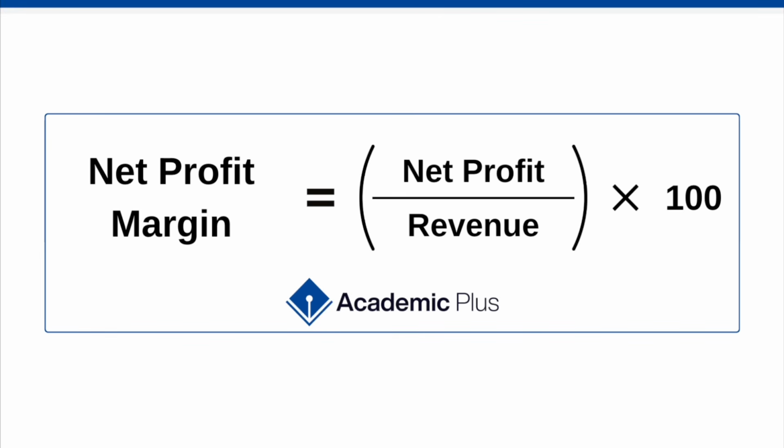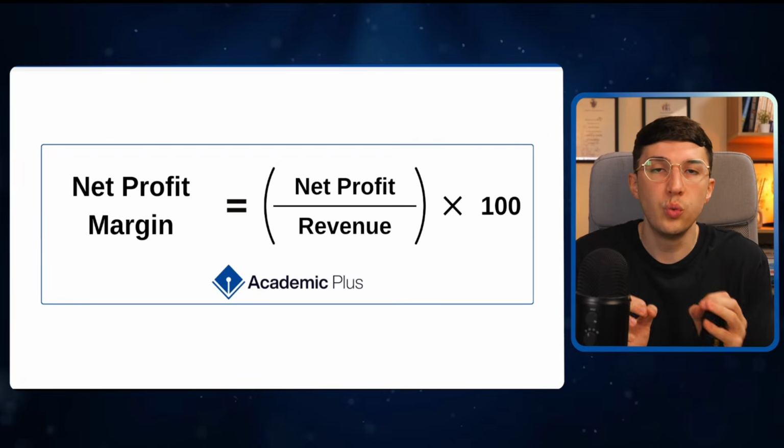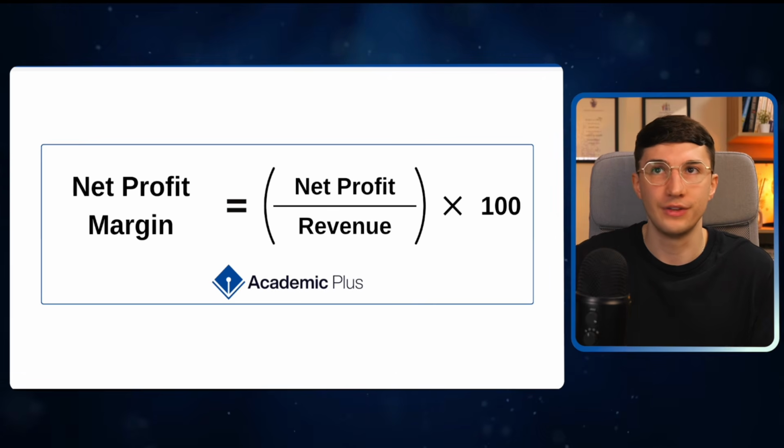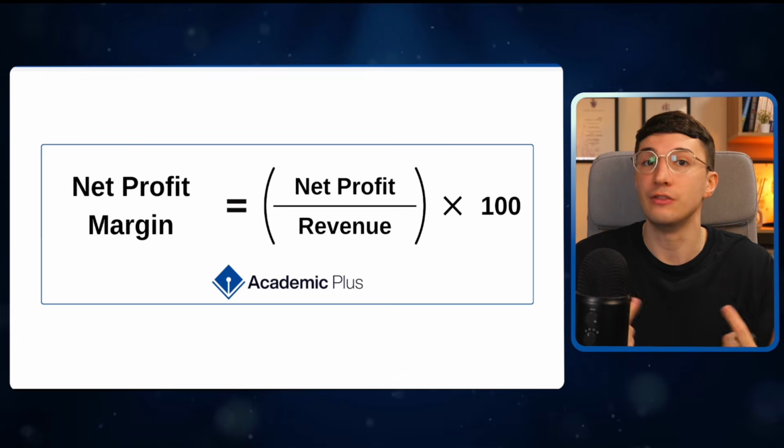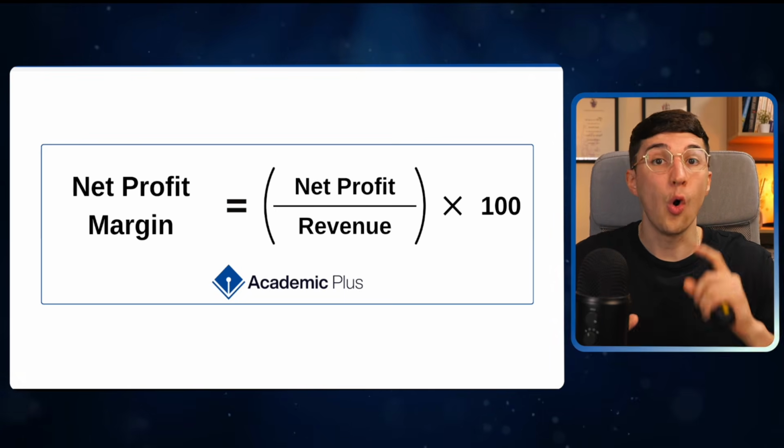A business's profit margin will depend on the industry it operates in, because different industries have varying cost structures, different pricing strategies, and different competitive dynamics. So you wouldn't want to compare your profit margin with a different industry. Instead, you'd want to compare your profit margin internally, looking at previous years, or look at your competitors.